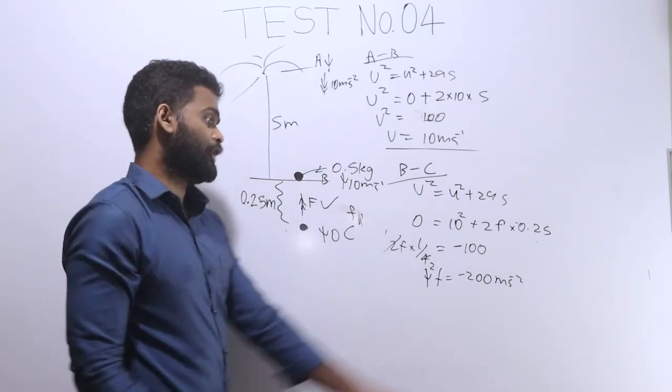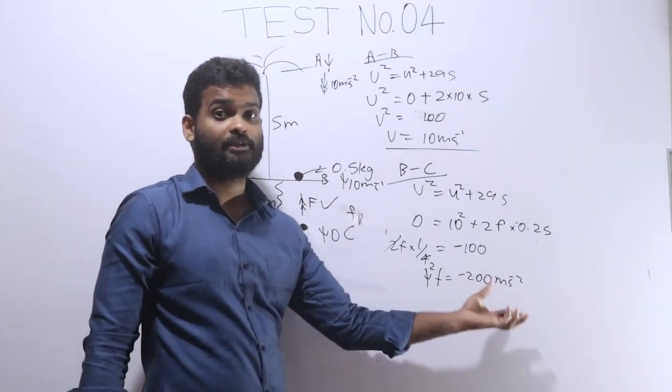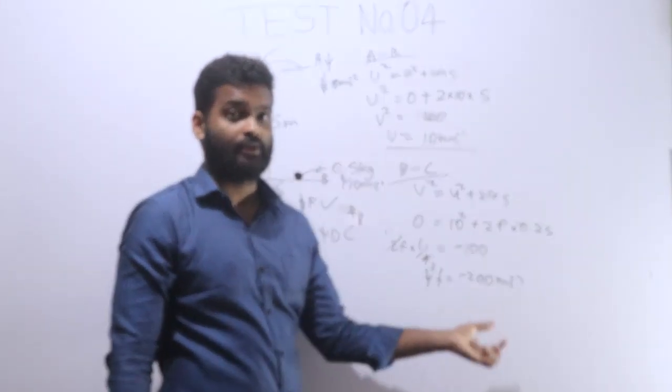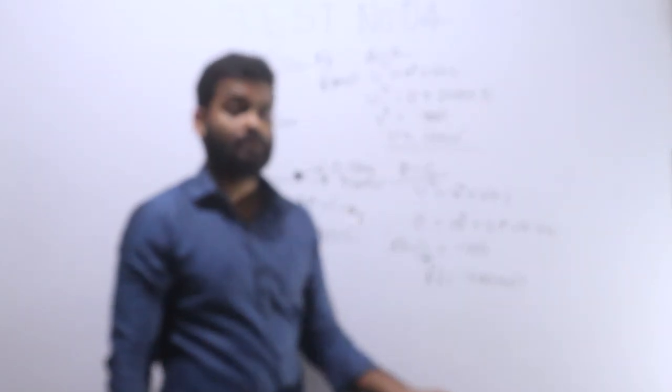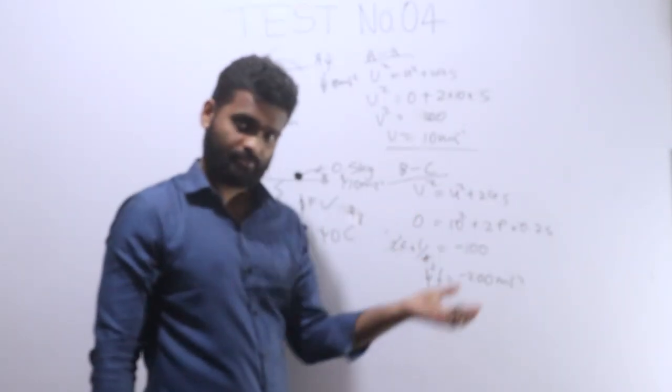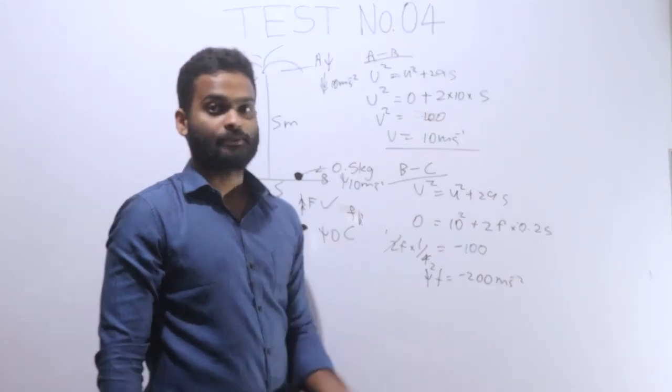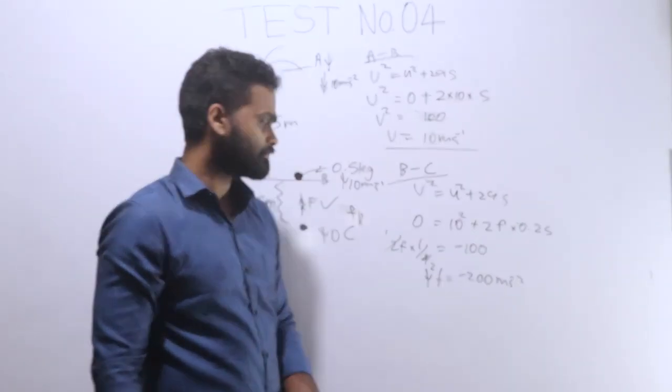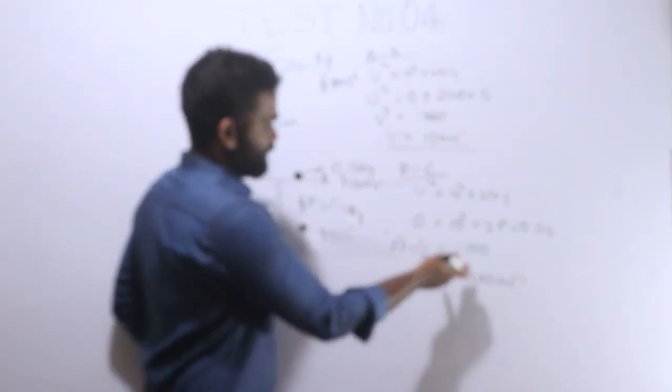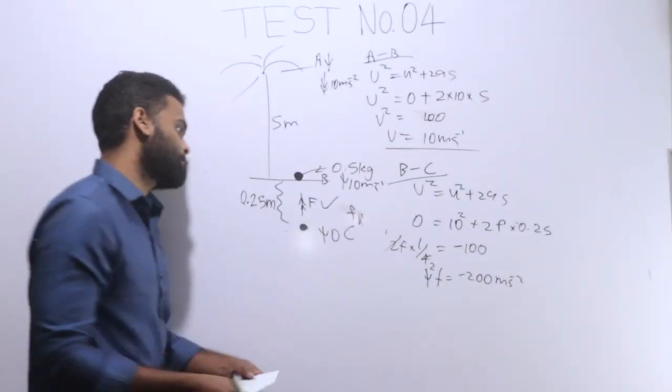So this is a huge deceleration, right? 200 meters per square second. This is like 20 times the gravitational acceleration. As you can see, it is actually an acceleration upwards.